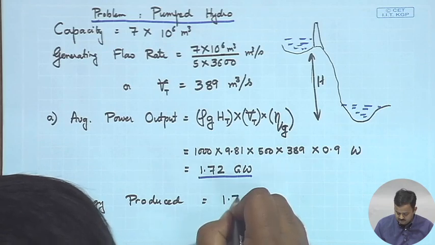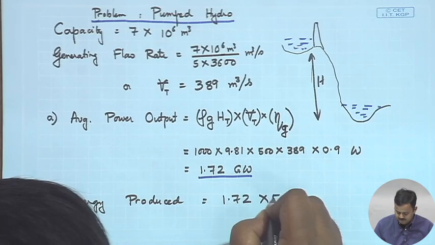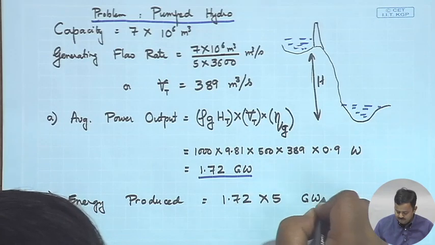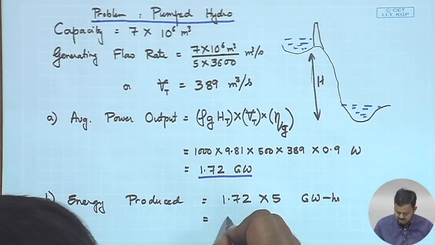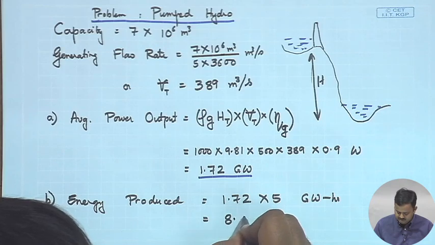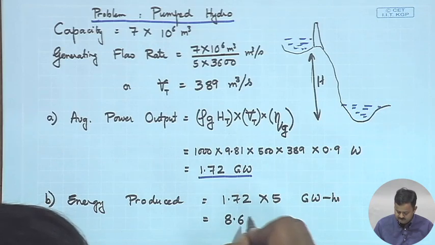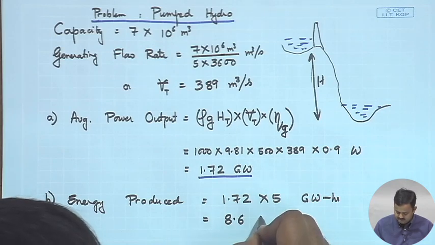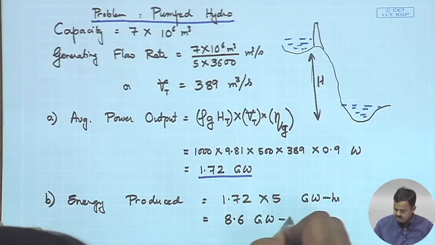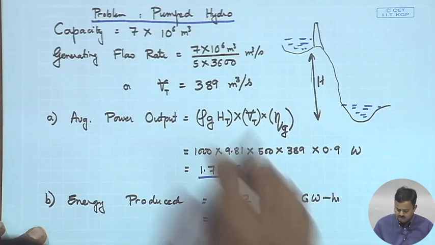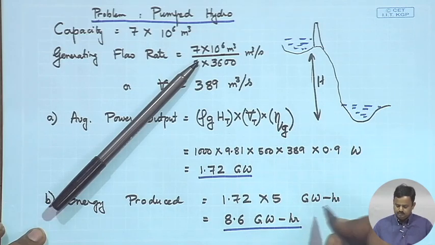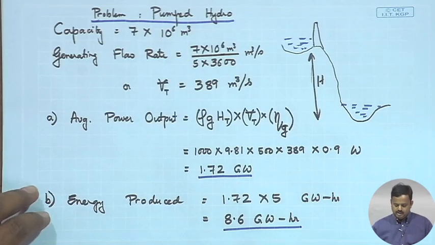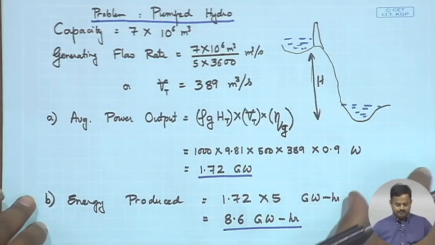So, I would write it as 1.72 times 5 gigawatt hour, and this is 8.6 gigawatt hour. Clear? All right. So, this is how we have solved it.